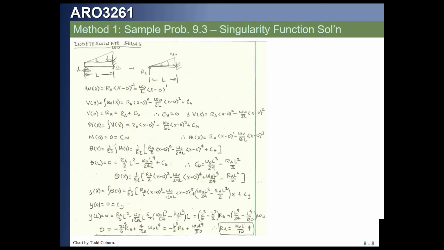If we plug in our boundary condition that the deflection at 0 is 0, we find that Cy is 0. If we plug in our last constraint that the deflection at L is 0, we can now solve for the reaction at A, which is done in that last line. And we find that the reaction at A is in the positive direction, w0 L over 10.